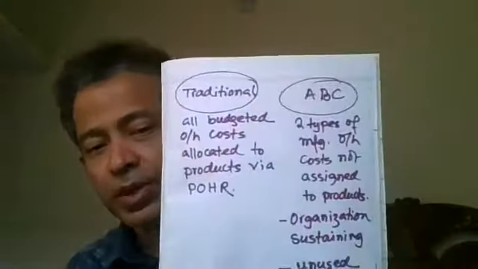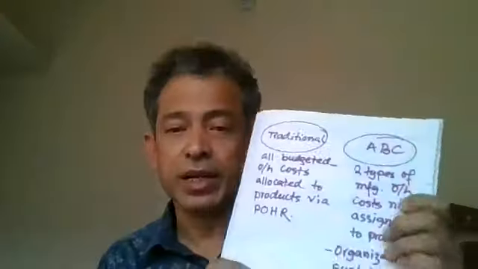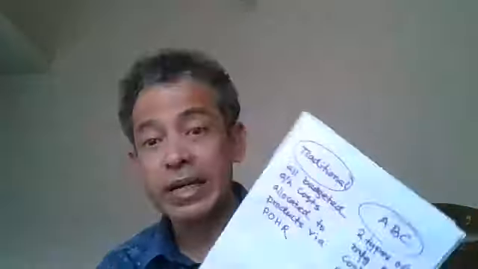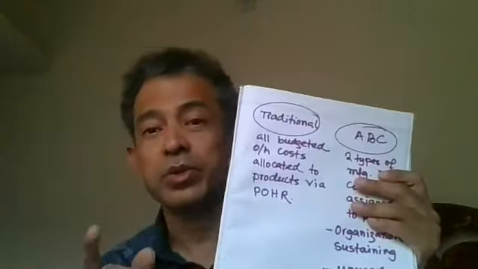So here's a comparison between traditional and ABC. You can see why ABC has emerged: it has emerged on some of the weaknesses of the traditional costing methods. One of the things that happens under traditional costing is that we use material and labor as product cost.